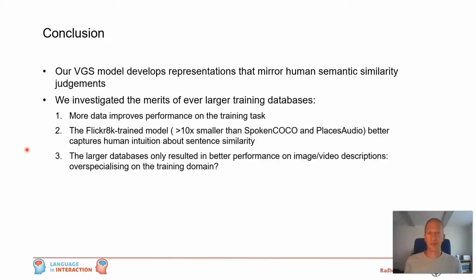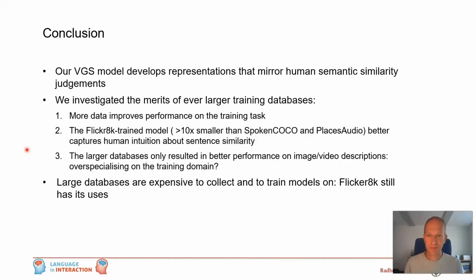When it comes to the image or video description subset of the STS dataset, there the larger databases actually did result in better performance. So perhaps they are just over-specializing to this very limited domain of training, which is image descriptions. All in all, it turns out the small dataset, Flickr 8K, can still be useful.